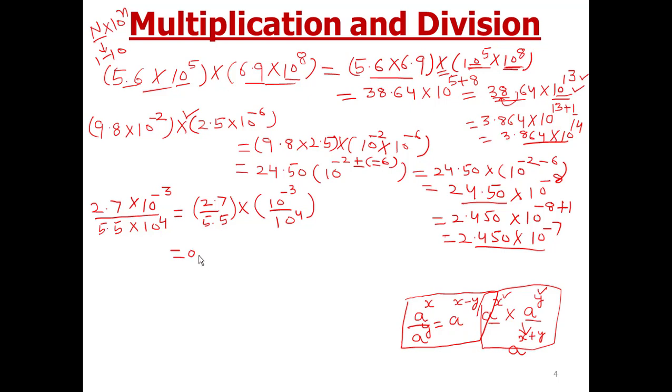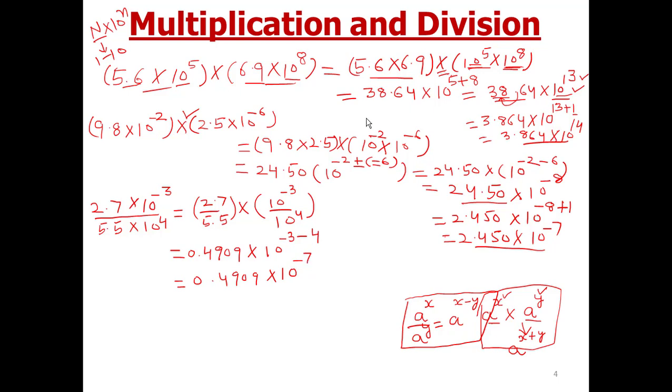Now if you solve 2.7 divided by 5.5, it is 0.4909 into 10 raised to the power minus 3. Now as it is division and the base is the same, these two exponents will be subtracted, minus 3 minus 4, so it is 0.4909 into 10 raised to the power minus 7.